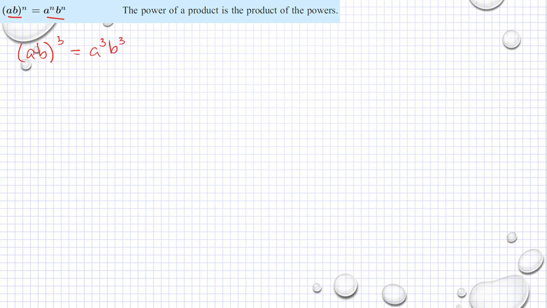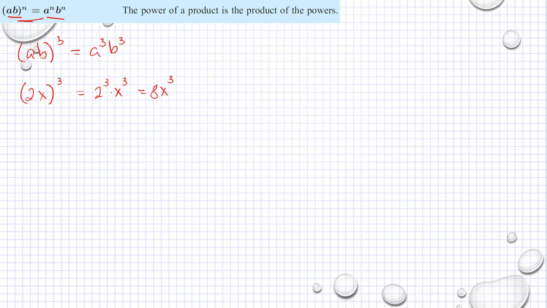That is what this law says to us. So for example, if we try 2 multiplied by x raised to 3, then it should be 2 raised to 3 multiplied by x raised to 3, or 8x raised to 3.